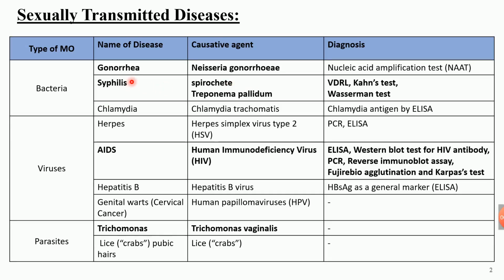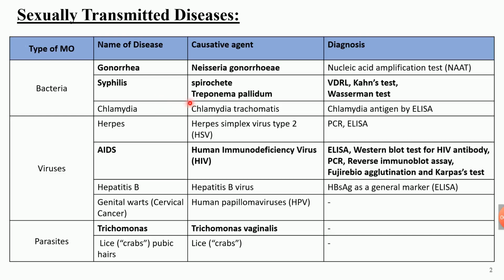Here the important points are: first, you should remember the category, that is which disease is caused by bacteria, which by viruses and which by parasites. In a previous year they asked one question on this category as well. The question was: Trichomonas vaginalis is caused by, and the options were bacteria, fungi, viruses, and parasites. So the correct option for that question is parasite.